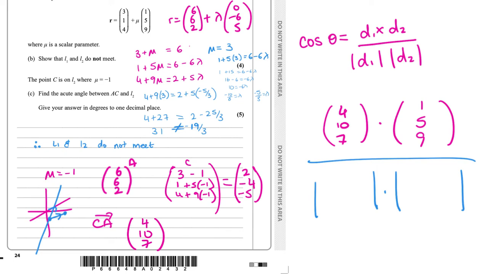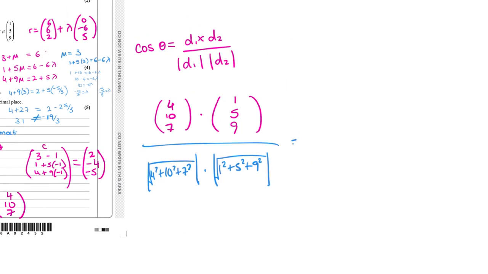So 4, 10, 7: 4 squared plus 10 squared plus 7 squared. And 1 squared plus 5 squared plus 9 squared. Rooted. So what do we get on my numerator? 4 times 1 plus 10 times 5 plus 7 times 9, and add them up. 7 times 9, 63.